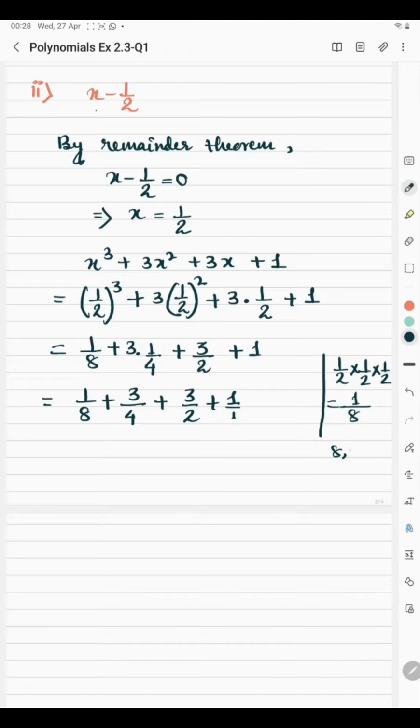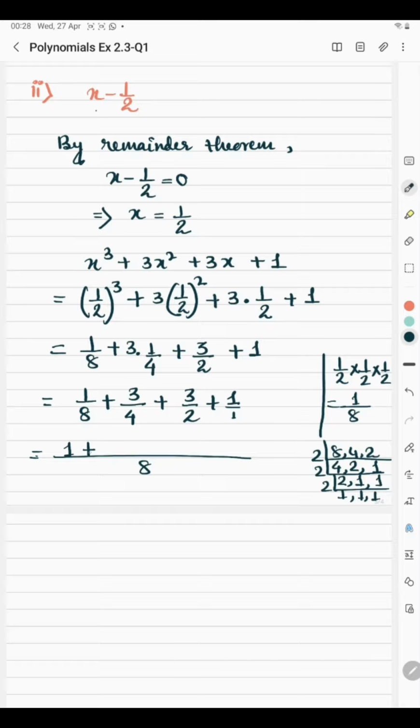So 8, 4, 2. 2 4s are 8, 2 2s are 4, 2 1s are 2, 2 2s are 4, 2 1s are 2, 1 will come down, 2 1s are 2. So the LCM will be 2 2s are 4, 4 2s are 8. So it's 8. Now here 8 divided by 8 is 1. 1 multiplied by the numerator is 1.